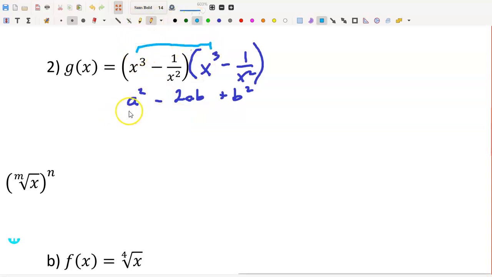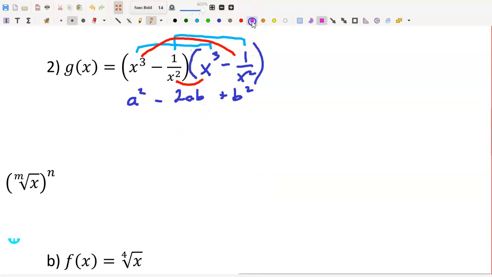That's what a squared is. We have to multiply these two. That's what the b squared is. And since these are both minus, it's going to be plus. But this minus 2ab, why is it 2? Well, it's because this times this is the same as this times this. Those are identical. They're both x to the third times negative 1 over x squared. So we don't really need to write out boxes and stuff like that.